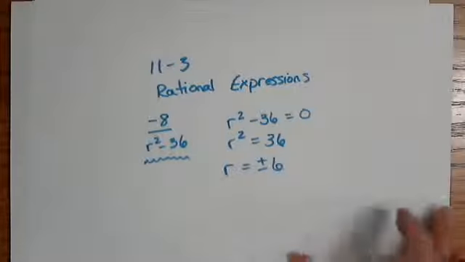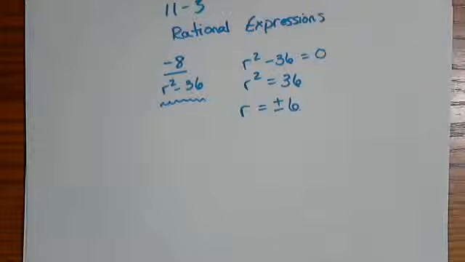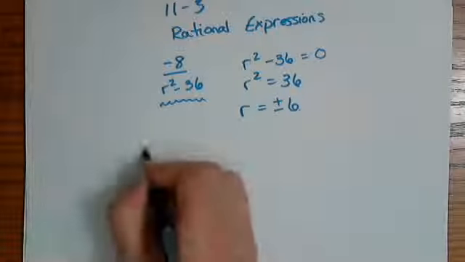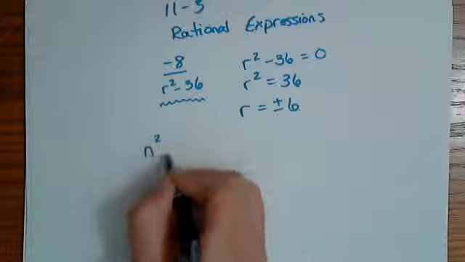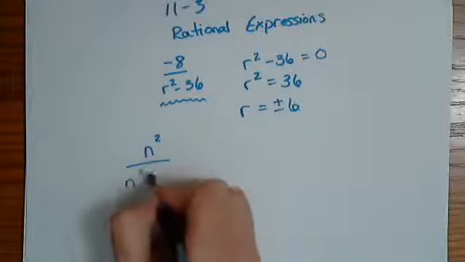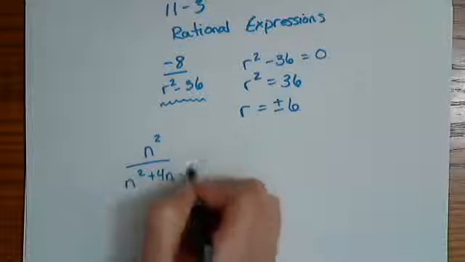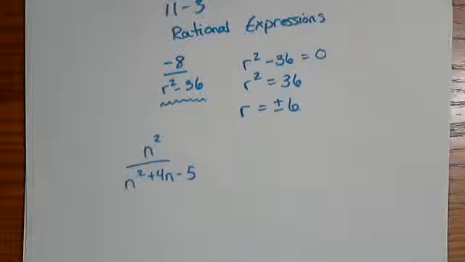Let's try another example. This example is letter 1b on page 684. It is n squared over n squared plus 4n minus 5. That is our expression, and we need to find where the denominator is going to be 0.